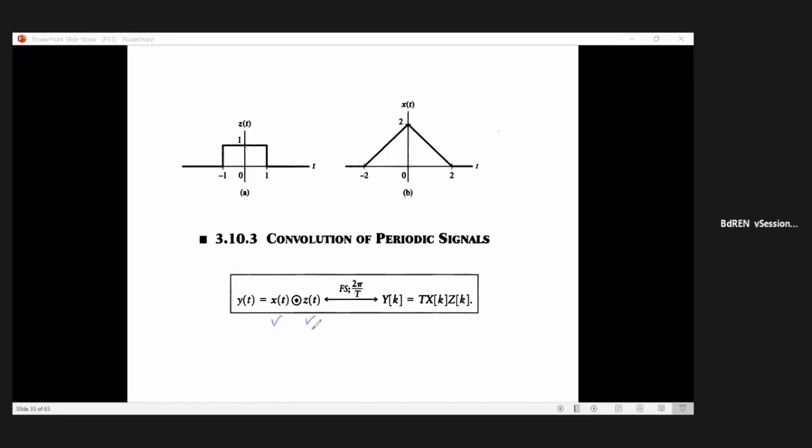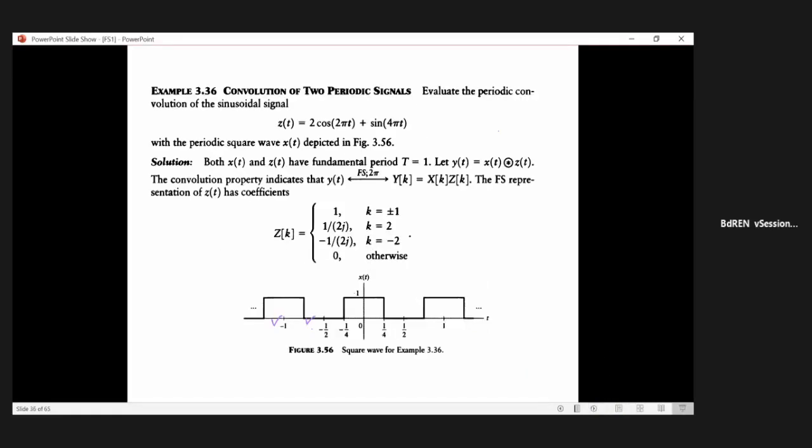That convolution cannot be taken in the time domain so easily, but we can take the convolution in the Fourier domain easily. An example is there, example 3.36. Try to redo it. But this equation is very simple to be remembered. Okay, this is that example.